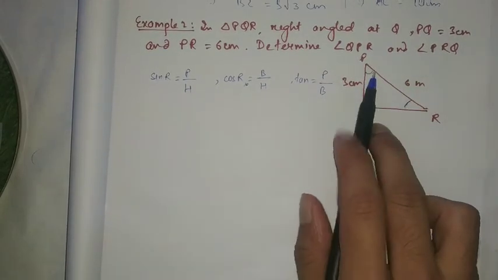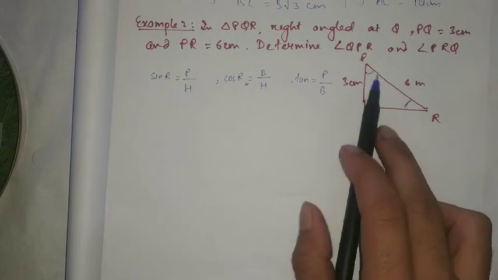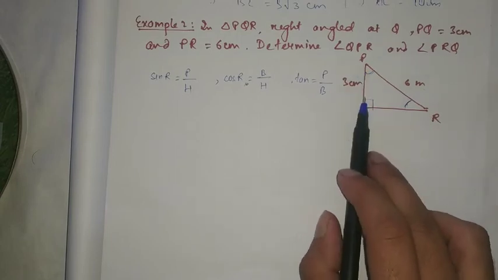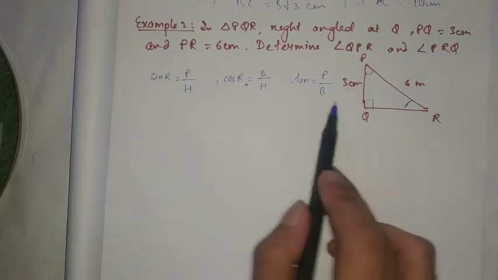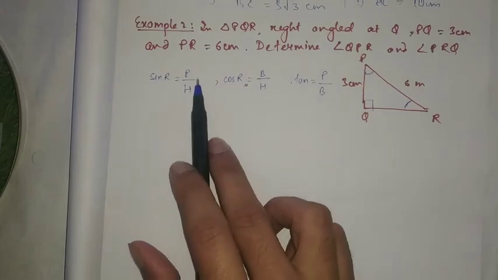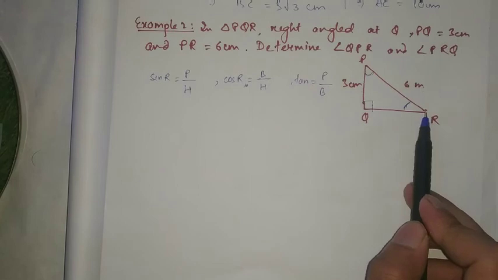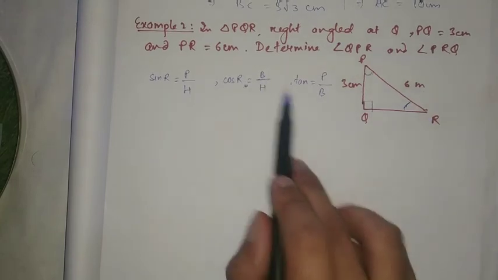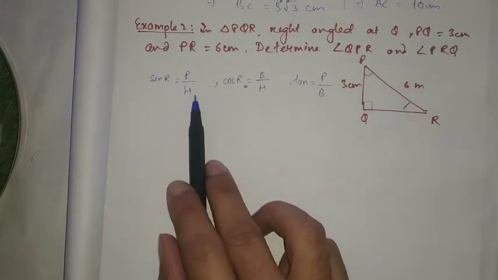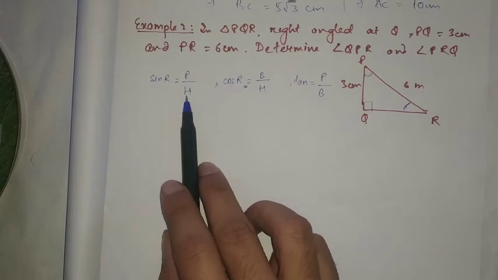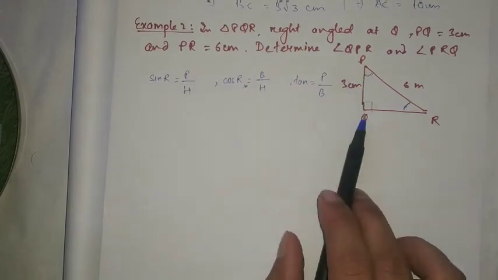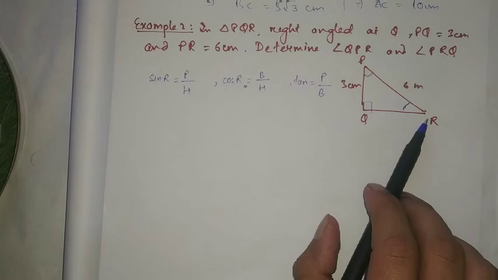Now we see that we know the value of the hypotenuse and the perpendicular. So we see in which trigonometric ratio these two are included. In cos, the base is included, but we don't know the value of base. In tan also the base is involved, but we don't know base. But in the sine ratio, we see that the perpendicular is 3 cm and the hypotenuse is 6 cm.